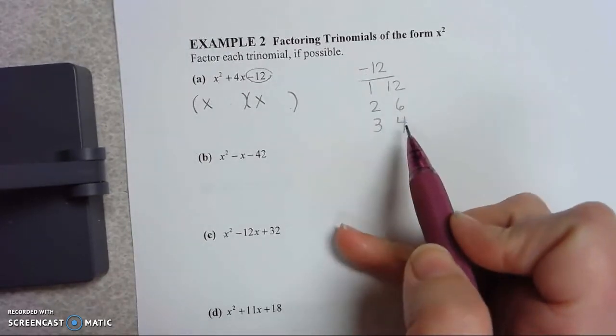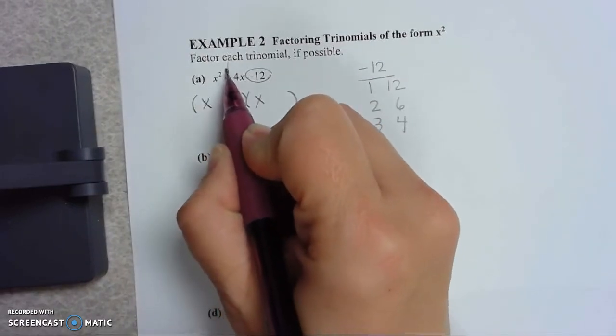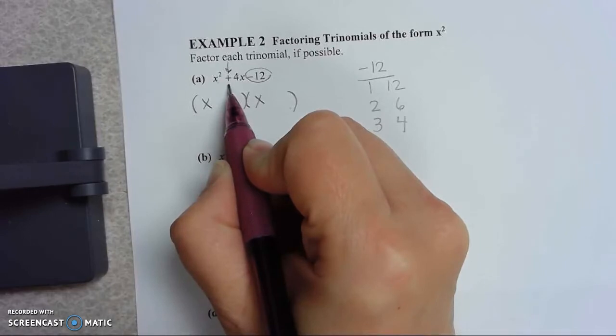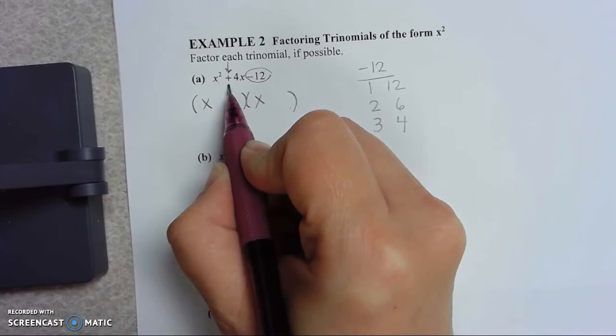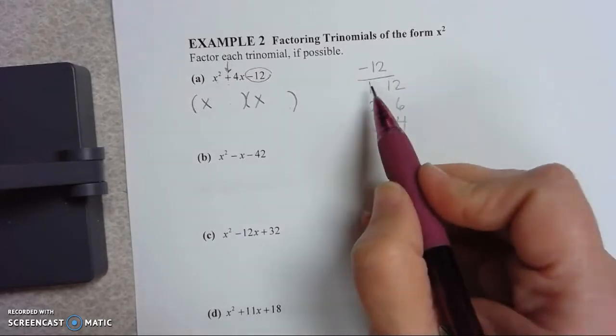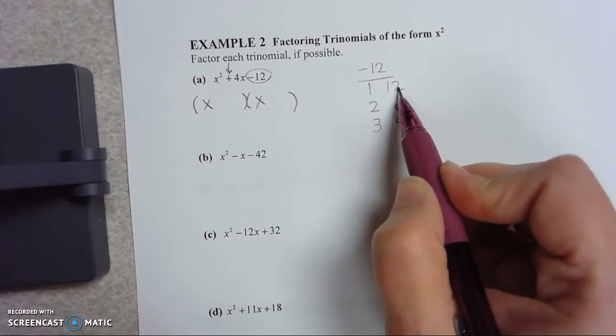Now the way that I'm going to determine which one it is, I'm going to look to this very first operator here. Whatever it is, either a plus sign or a minus sign, that is always the sign of the largest factor. So when I look at the two factors, 1 and 12, which one is bigger? 12.